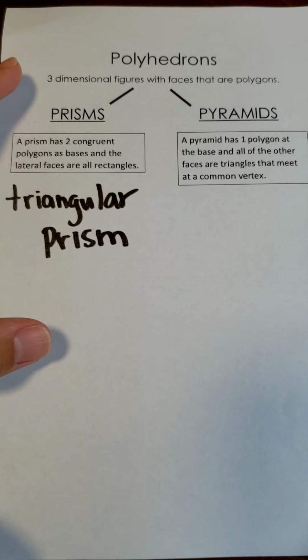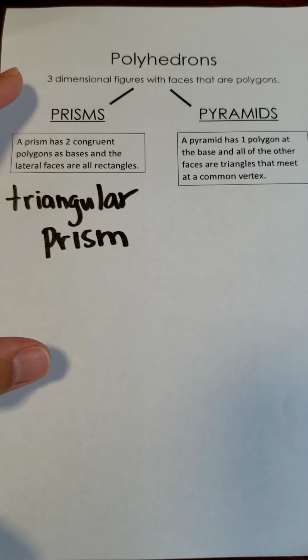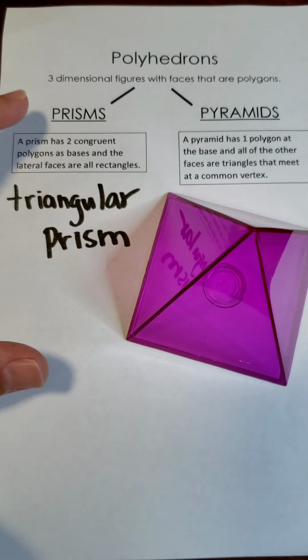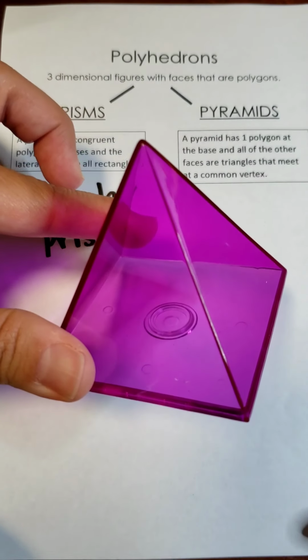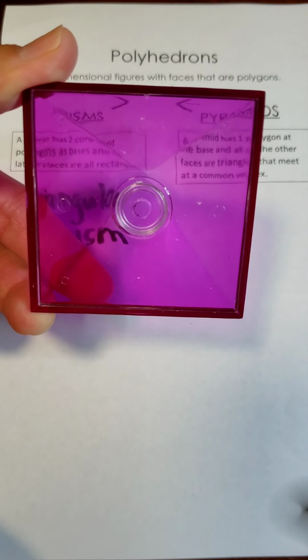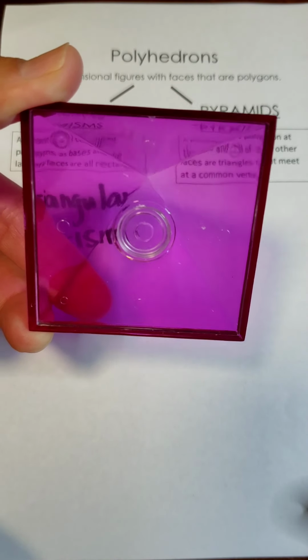All right, now let's look at pyramids. A pyramid has 1 polygon at the base, and all the other faces are triangles that meet at a common vertex. So I'm going to bring a pyramid over here. Let's look at this pyramid. We have one polygon at the base. Look at the base. What shape is that? Yep, that's a square.